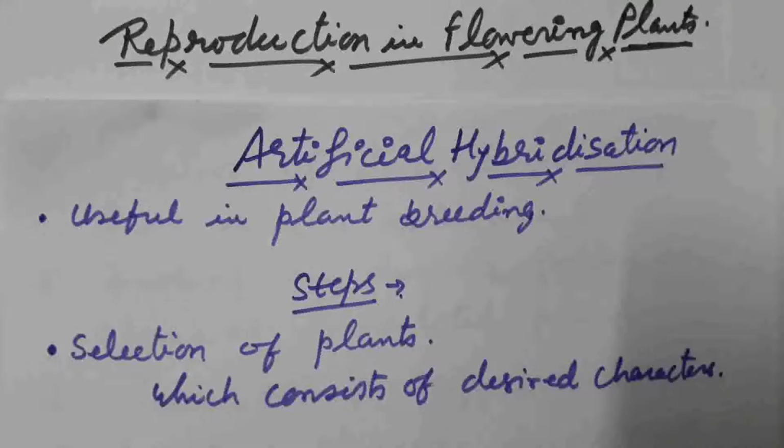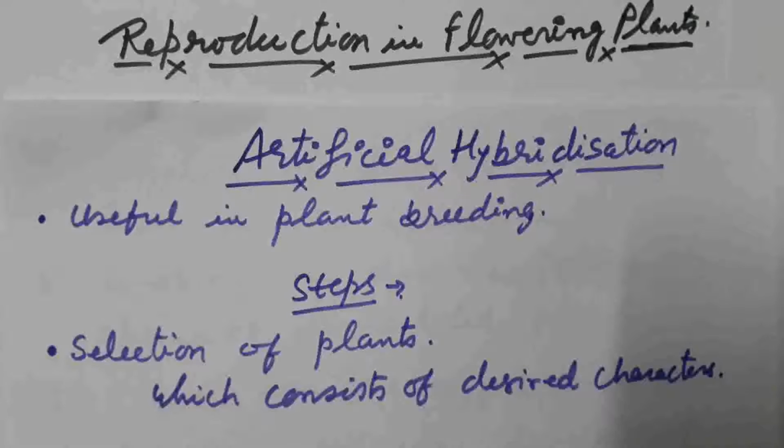The female plant is the one whose carpel consists of useful characteristics we want to introduce in the next generation. On the stigma of the carpel, the desired pollen grains are sprayed.